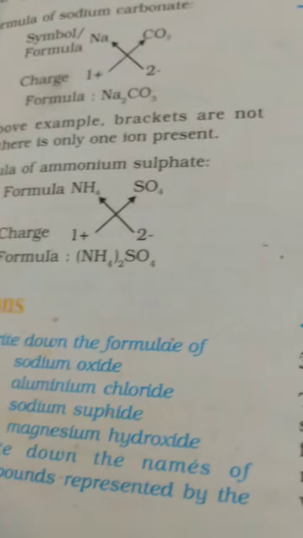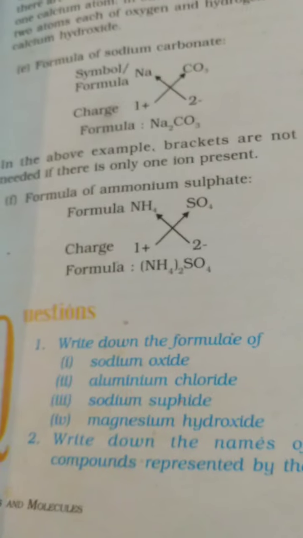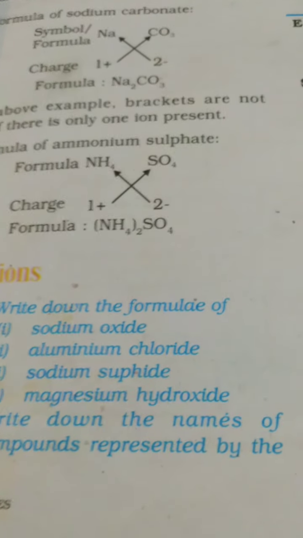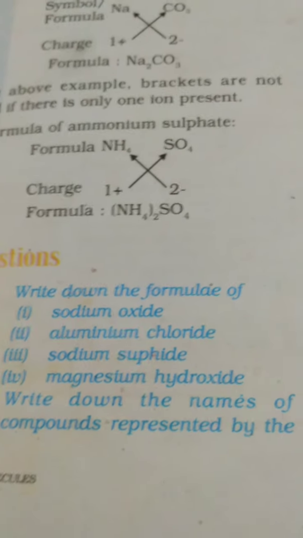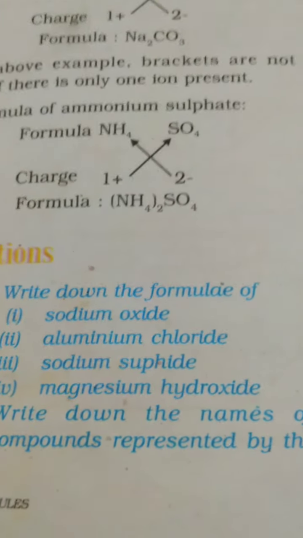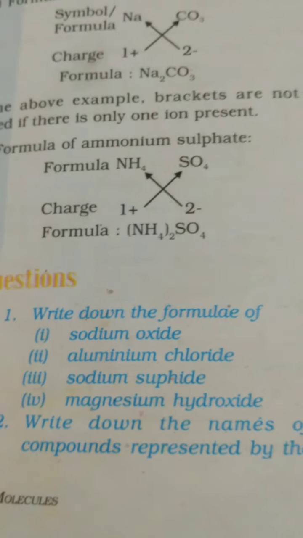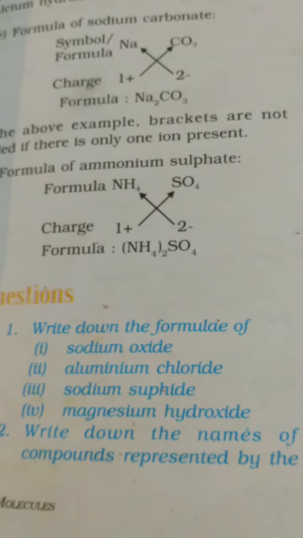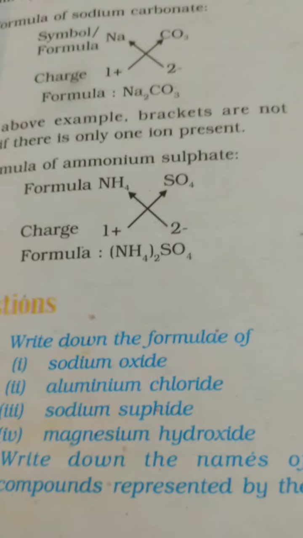Now just look at some questions which are given after every topic. These blue color questions are really inquisitive questions which will make your concept clearer, of course. So the formula of sodium oxide, how will you write? Sodium has 1 valency, oxide ion has 2 valency, so Na2O.